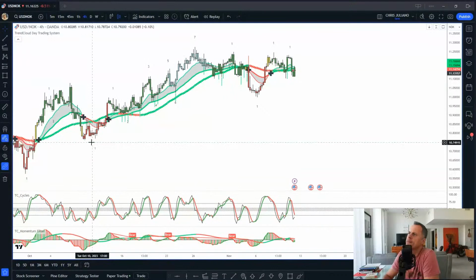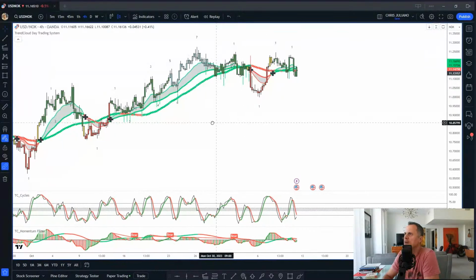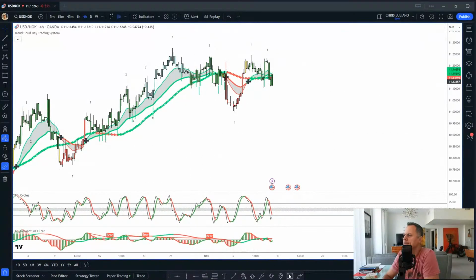Sideways, right? 7 waves up, when extended, pulled back, recalculated. 1, 1, 1, 1, right? Whenever you see those numbers, counting, 1, 1, 1, 2, 1, 1, 1, 2. That's just all sideways movement, right?